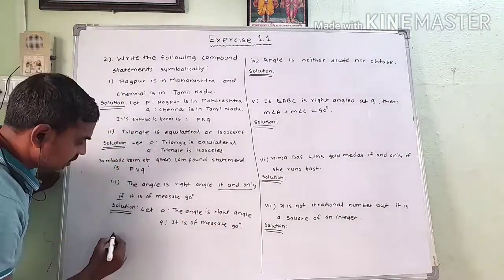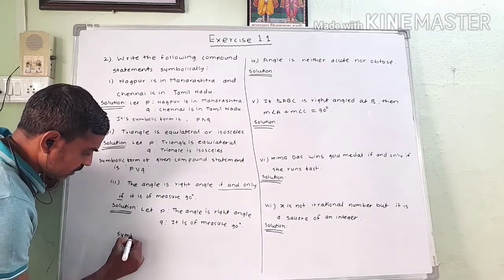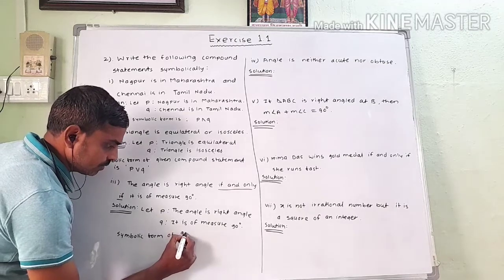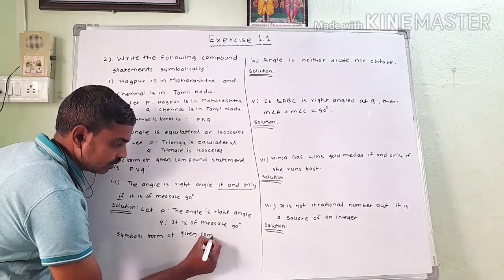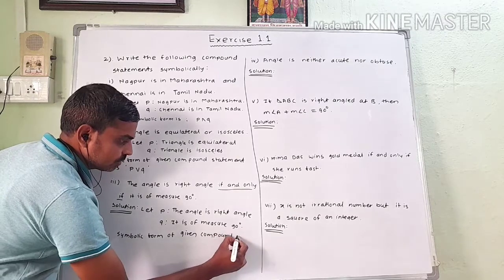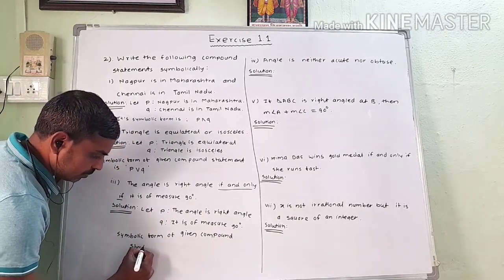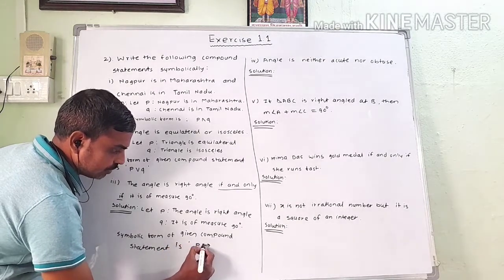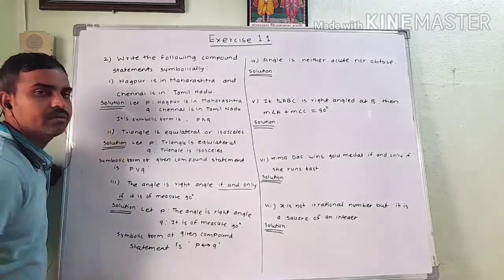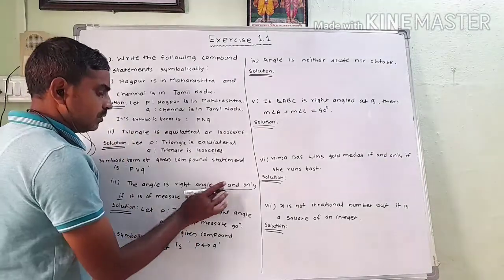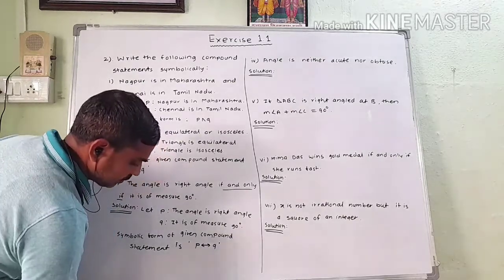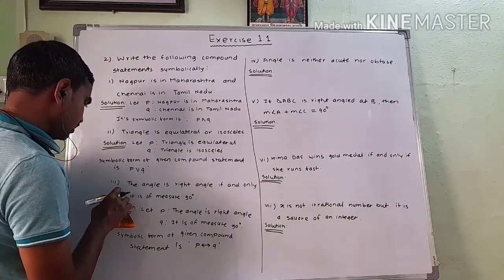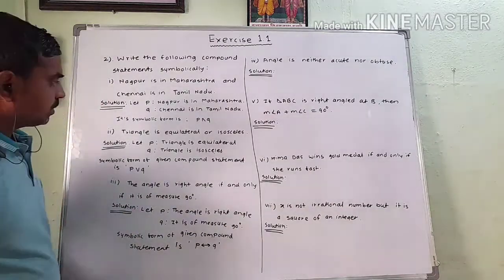Therefore the symbolic form of the given compound statement is P double implies Q, because here the connective is if and only if. This is the solution of our third compound statement.